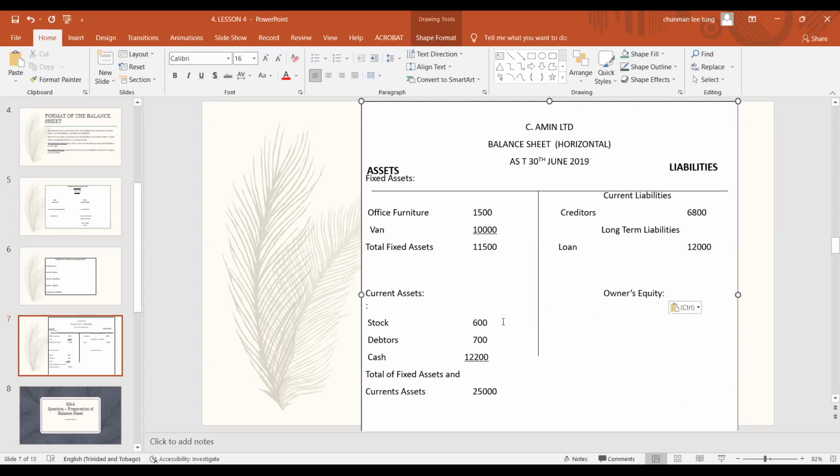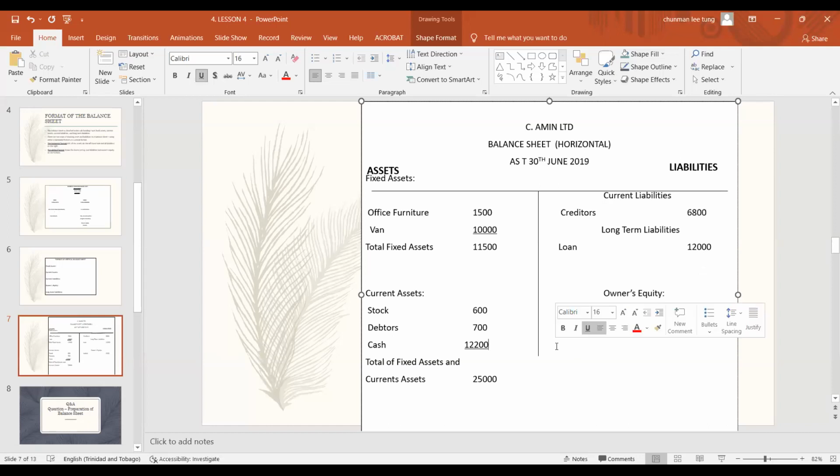You know that owner's equity is capital. If you look under the owner's equity column in your accounting equation, you see $6,200 is capital. When you add all of your liabilities, which is your current liabilities, your long-term liabilities, and your owner's equity, you're going to come to $25,000 as well.